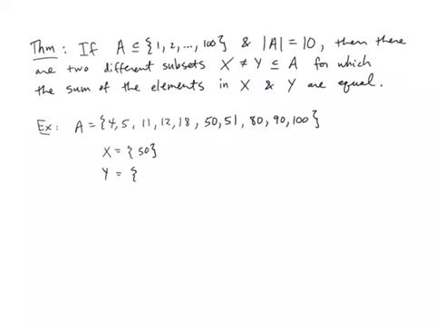And then it just so happens that 18 plus 12 is 30, and then 11 is 41, and then 4 and 5 make 9. That's going to add up to 50. So those will have the same sum. We got kind of lucky there, but our theorem is supposed to apply to any 10-element subset.